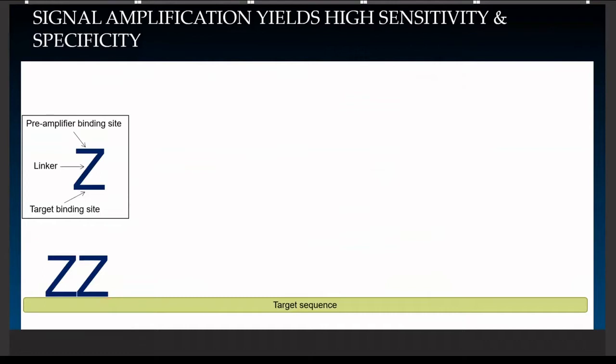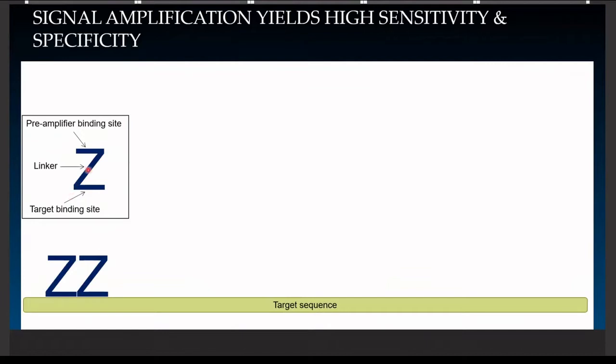And this is mainly to highlight the three different parts of the probe: the target binding site, where the sequence is such that it will specifically bind onto your mRNA target of interest. Then you have your pre-amplifier binding site, which forms the foundation of your signal amplification tree. And then finally, you have the linker region, which connects these two parts of the probe.